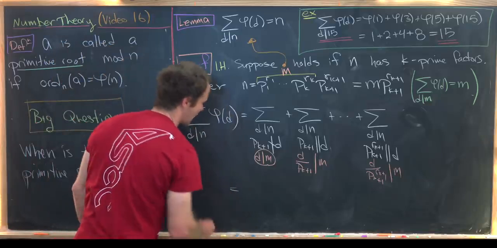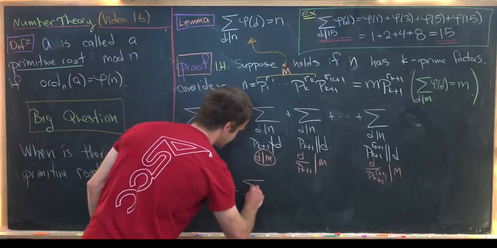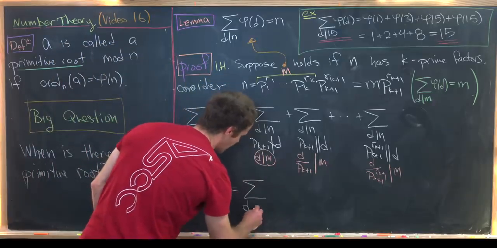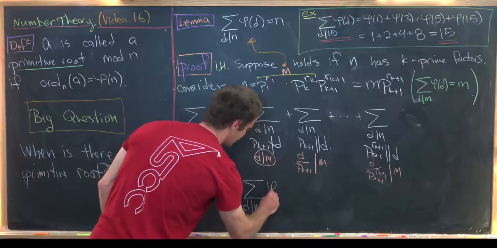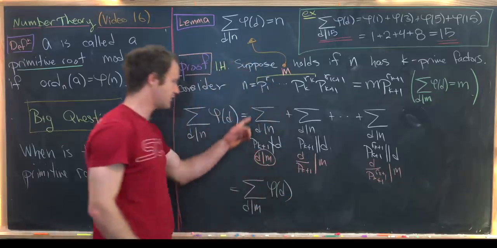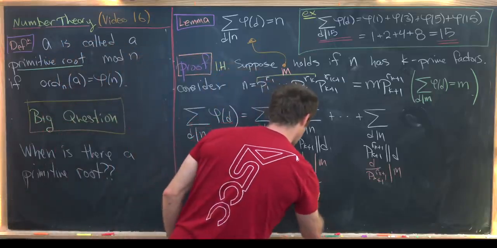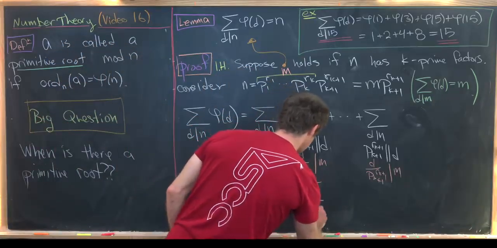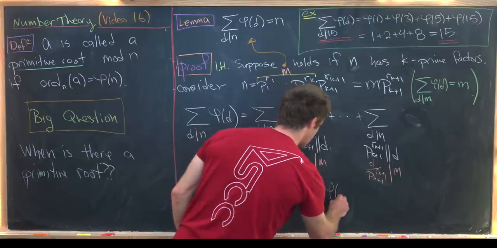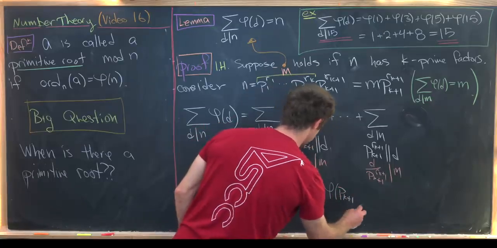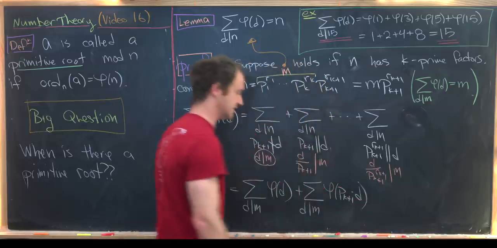So we can write that as follows. This is going to be the sum over all of the divisors of m of phi of d. So that would be like this first bit. And then this second bit will be the sum over all of the divisors of m of phi of p sub k plus 1 times d.